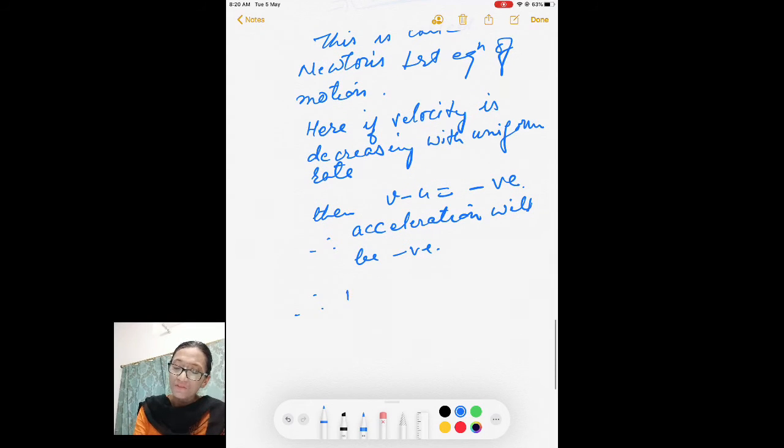Therefore the equation becomes v is equal to u minus at.